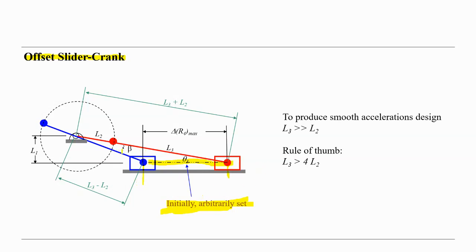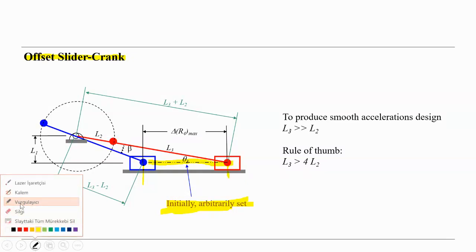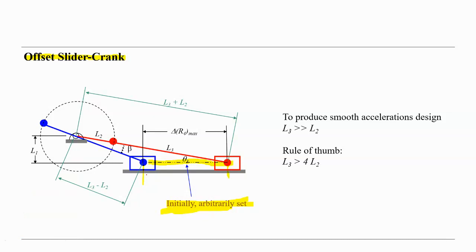Defining the beta, we know already that this is the beta. So using the angle, we can define this point here. First of all, the point A, we can indicate point A here somewhere.